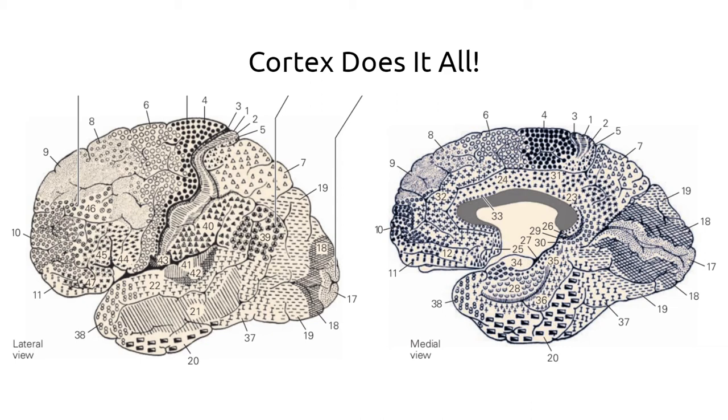How are those done? Are there particular brain areas dedicated to each of these things? There definitely isn't going to be a brain area that does social cognition. That's not how it's going to break down.